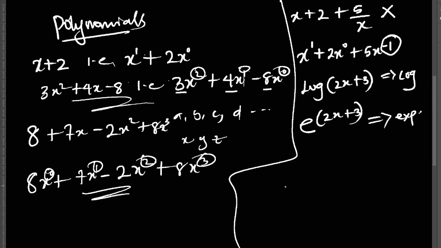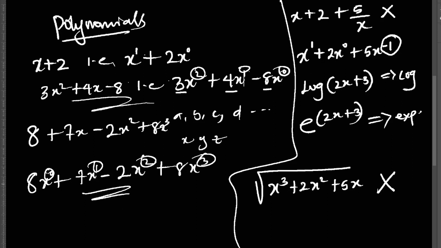If I have a radical like the square root of x cubed plus 2x squared plus 5x, this is not a polynomial. Why? Because of this radical. The radical can be a square root, a cube root, a fourth root, and so on. So long as it is a radical, then that expression or equation cannot be a polynomial.